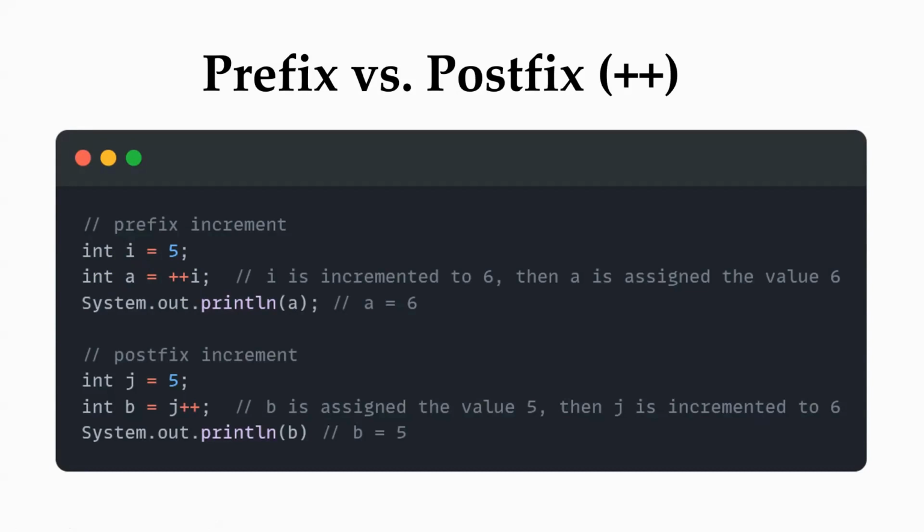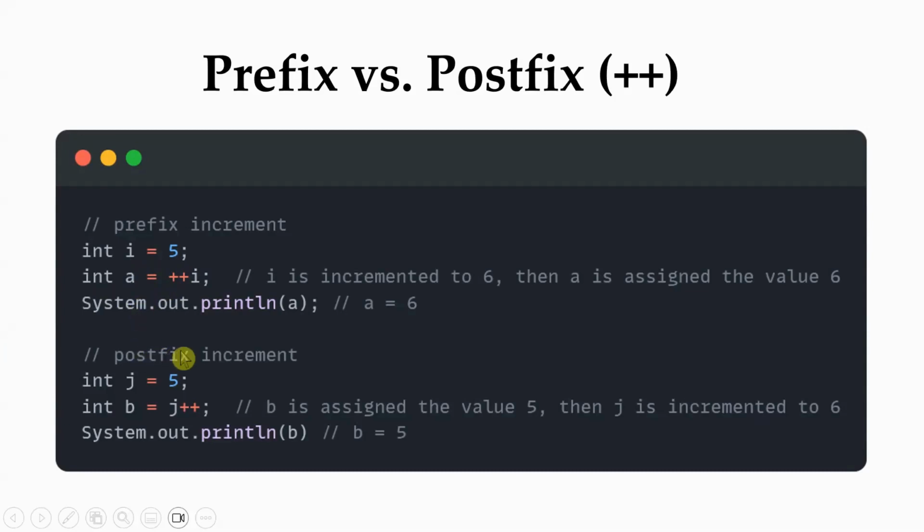In this case, my i is 5, so I will do 5 plus 1 first. Now my i will be equal to 6, then only I assign the value 6 to the variable a, so when I print a, I will get 6.